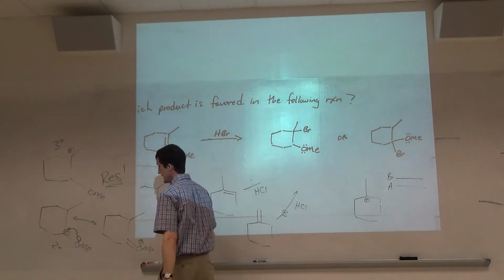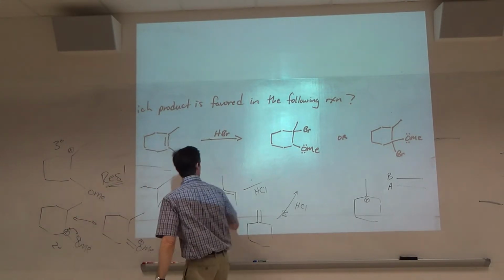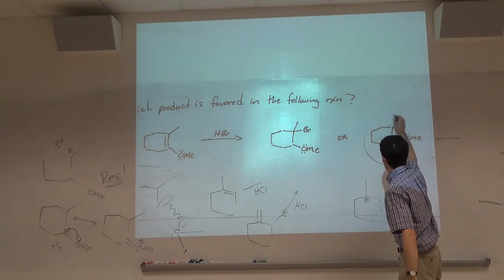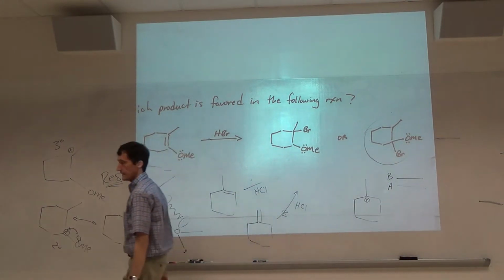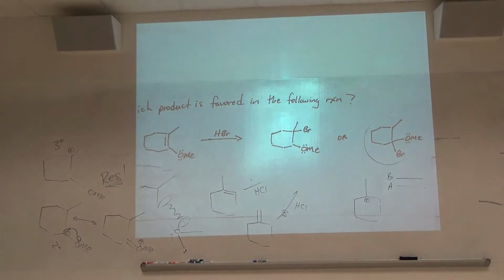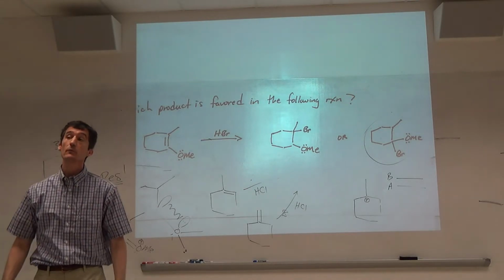And since the cation is formed here, that's where Br attacks, and we get this. So is Br then less likely to attack it since it's more stabilized? It is less likely to attack it. But then what's the relevance of that?